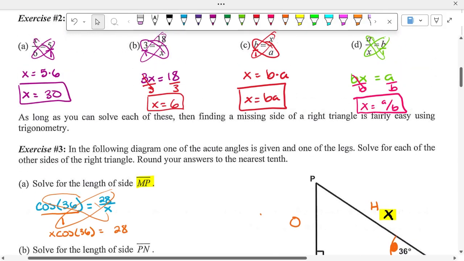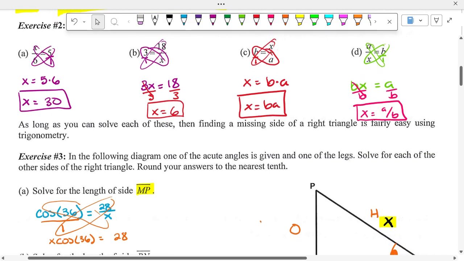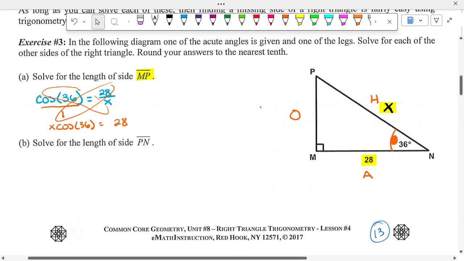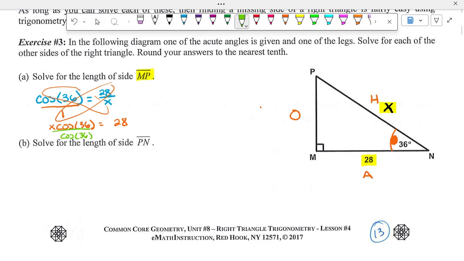What did I do up here if I had a number being multiplied to x and I need to get rid of it? We divide by it. So I'm going to divide both sides by cosine of 36. So x is equal to 28 over cosine of 36.